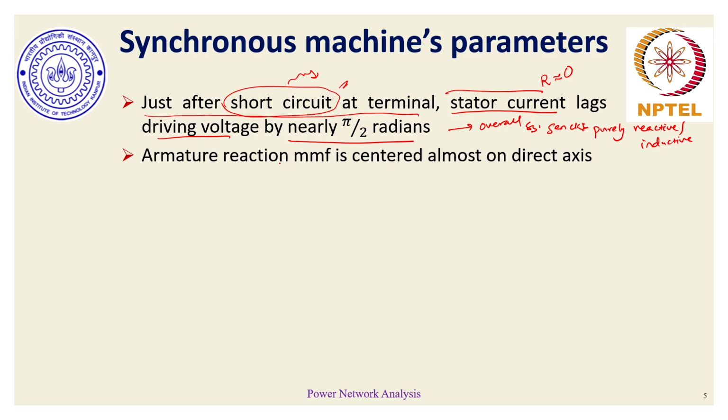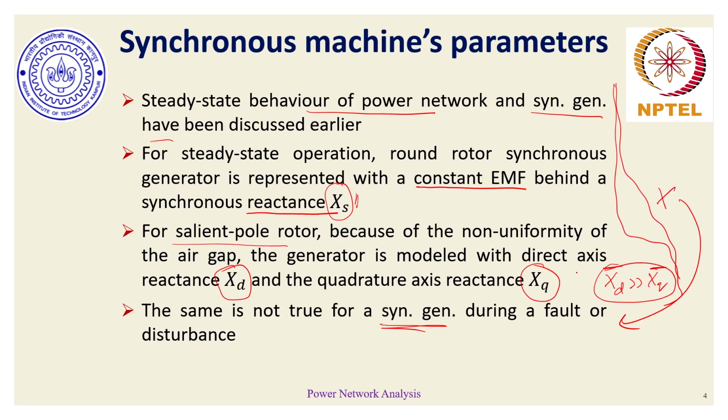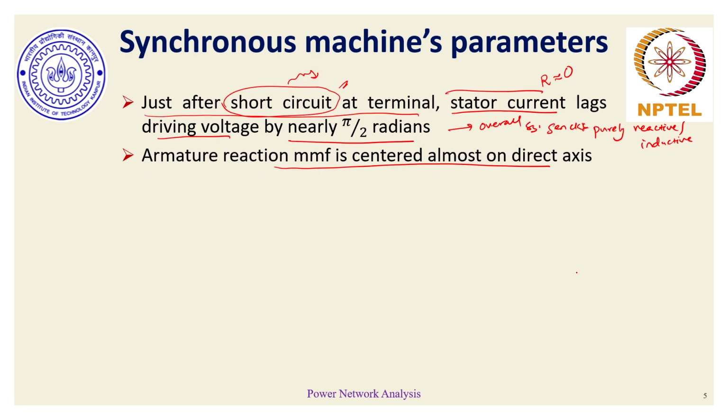And for salient pole machines, since the direct axis reactance is larger, and as I mentioned here, the value is much larger than the quadrature axis reactance, in terms of armature reaction, the armature reaction MMF, which is produced due to stator excitation, would mostly lie along the direct axis. Least part of it would lie along the quadrature axis because of the large distance.